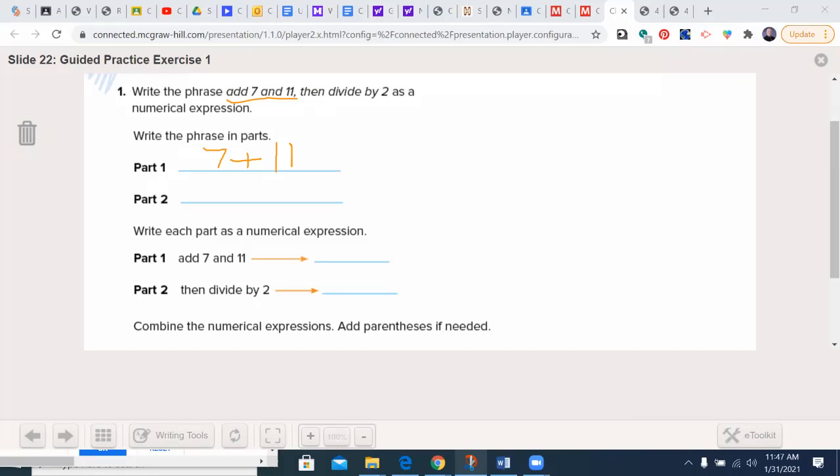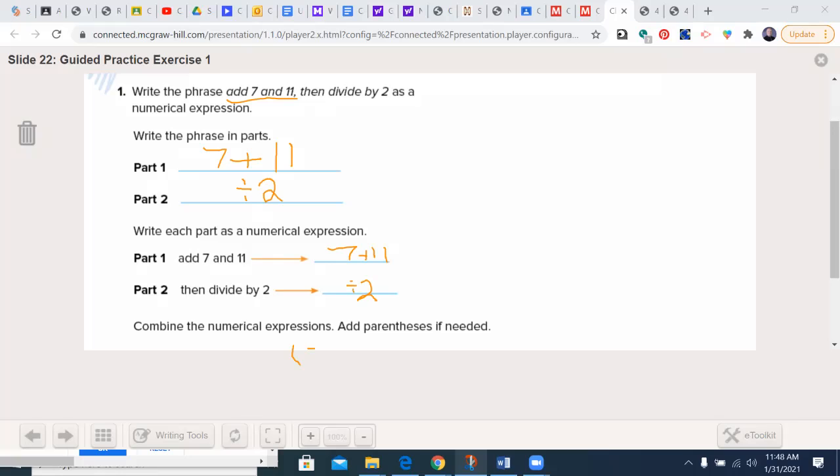Then part 2, divide by 2. So 7 plus 11 divided by 2.